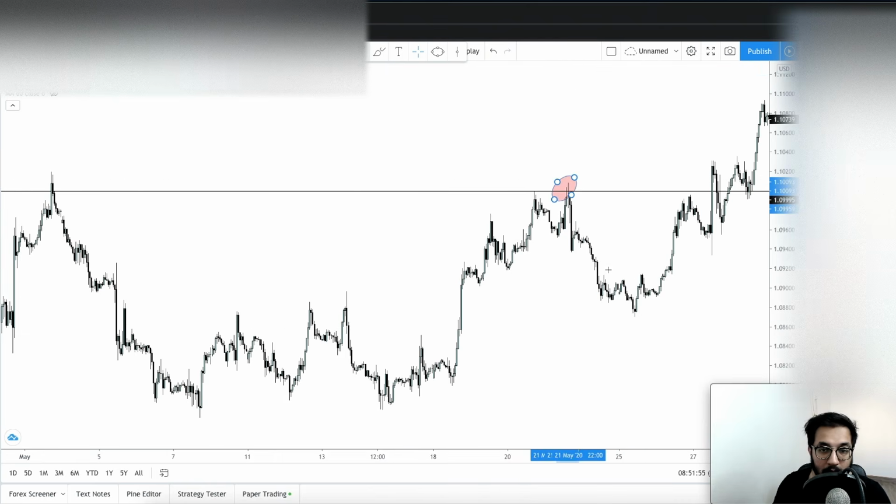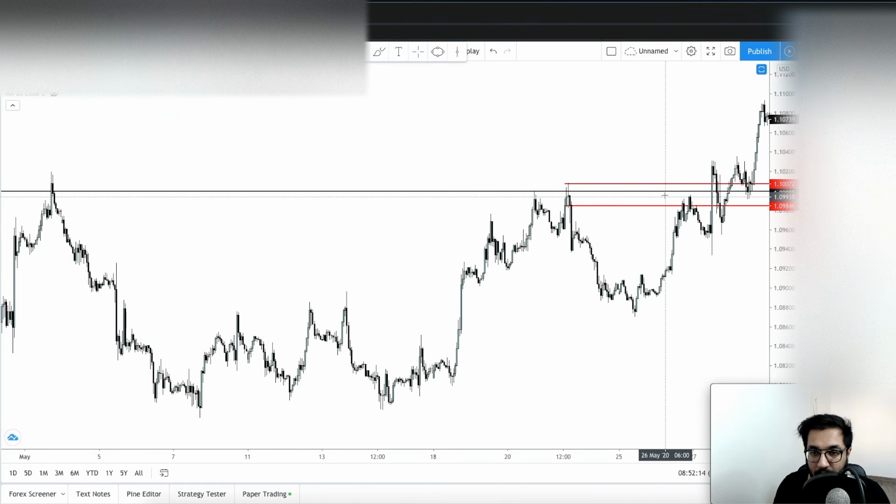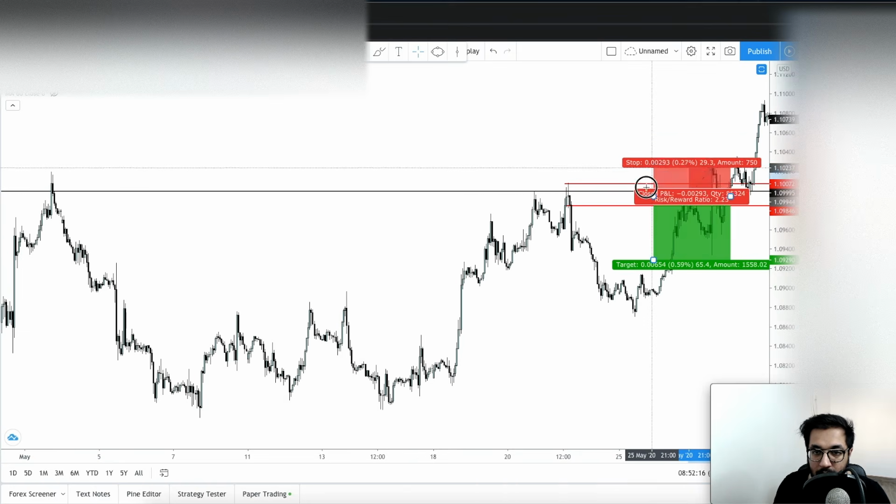Now, we as institutional traders, how do we trade this shape? We know that when the market comes back to this area, this vicinity, this zone, it's going to drop down below. So the market comes back into that area where the manipulation happened. We place our stop loss just above that, and our take profit somewhere.